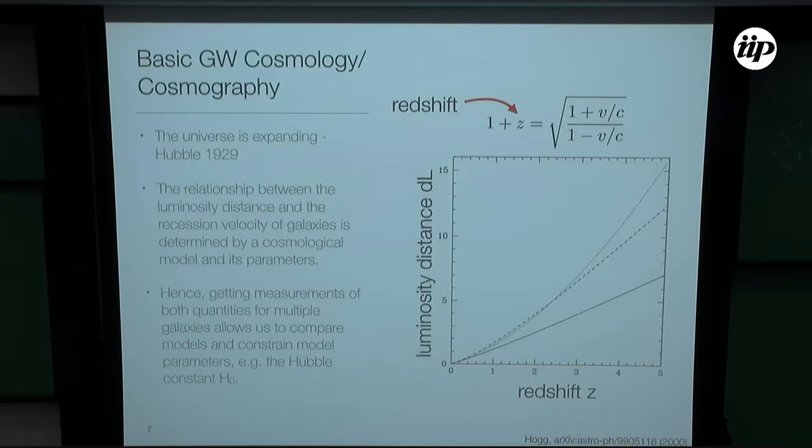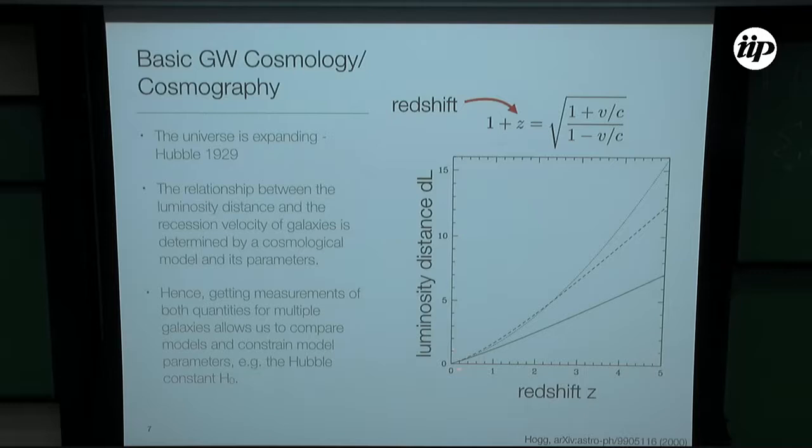It's very akin to the standard candle approach, and we call these things standard sirens. I'll talk about that in a second. The idea is that we want to place points on the redshift luminosity distance plane. If you can measure the redshift of an object and its distance, via gravitational waves or any other way, you can put it on here.